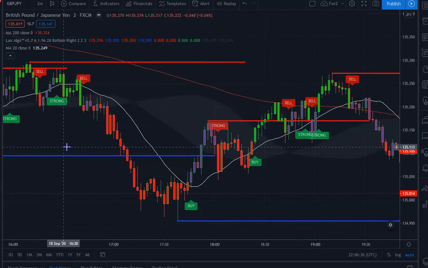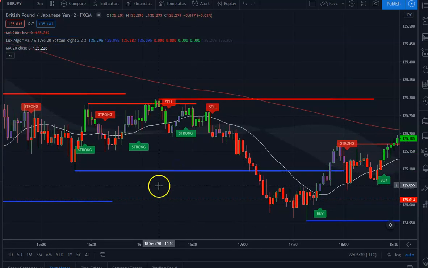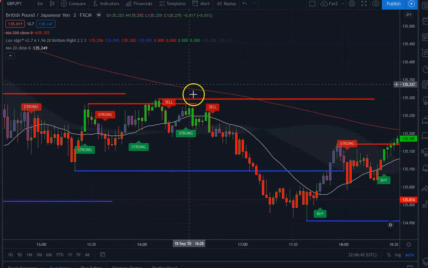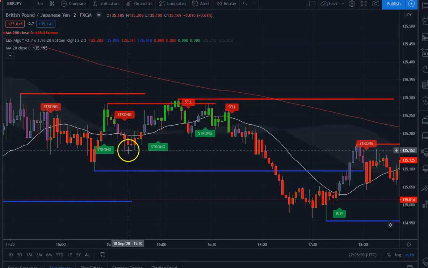But that's 20/20 hindsight, right? So this is a perfect setup here. Let's say the algo keeps giving you buy, so ignore it because it's below 200. So strong sell. This would have been a good sell right here, right?